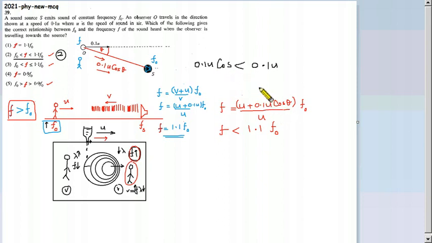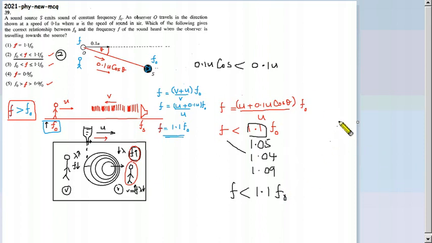So this part becomes less than 0.1. Therefore the total value is something like 1.05, 1.04, 1.09, something less than 1.1. That is why I said that f is smaller than 1.1 f naught. So now I think you can understand, if you didn't understand previously.